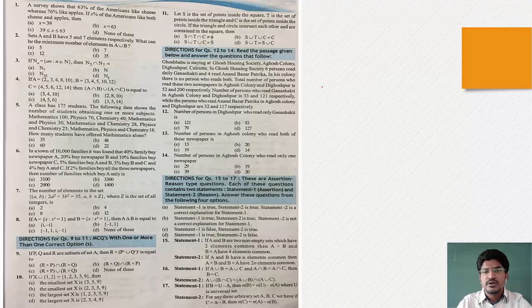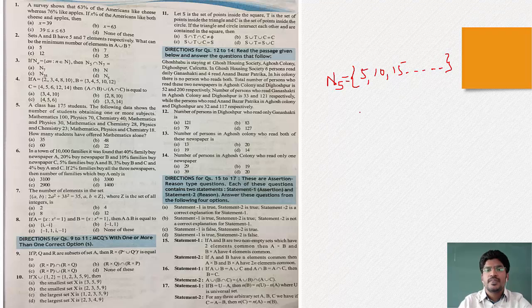So n of 5 means the set 5, 10, 15, and so on. n of 7 means 7, 14, 21, 28, and so on.